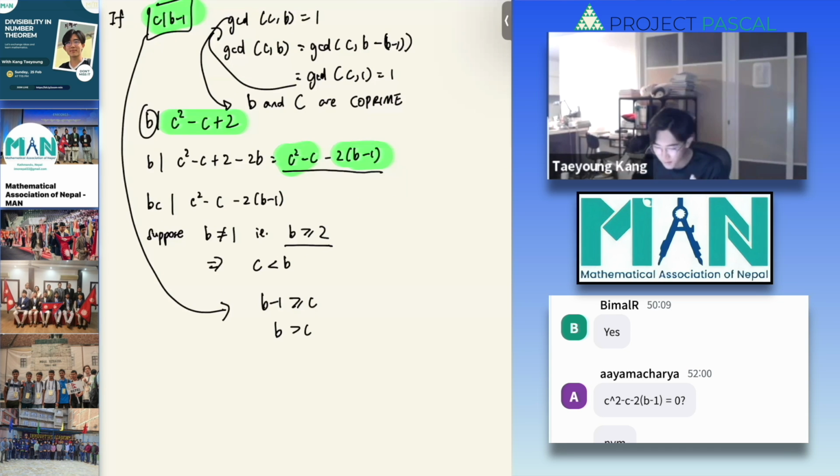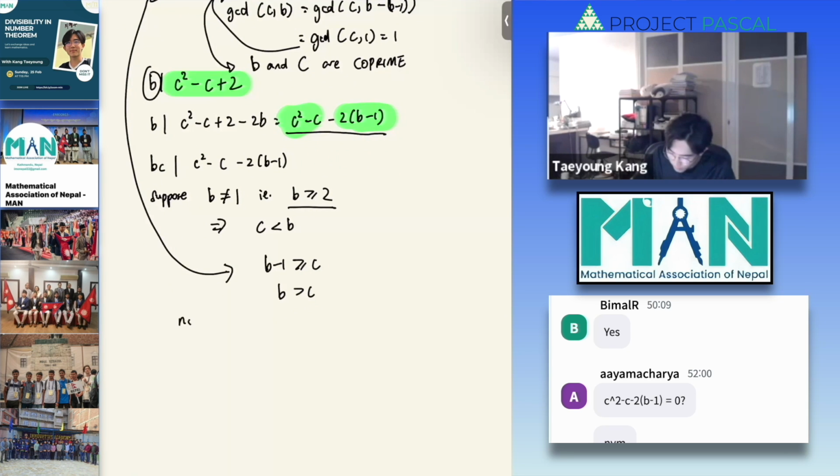And what happens if B is larger than C? Note, BC is strictly larger than C squared. Do you guys agree? And what more is that C squared is also strictly larger than C squared minus C minus 2 times B minus 1, correct?